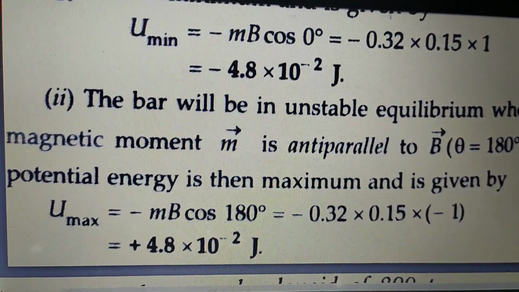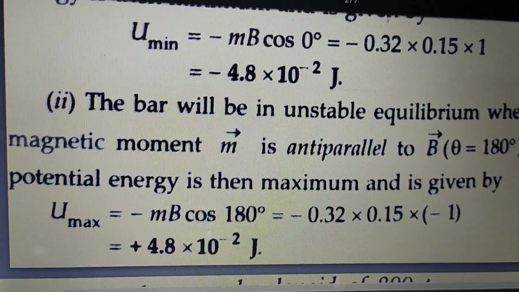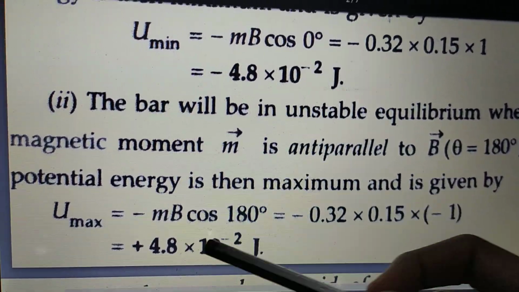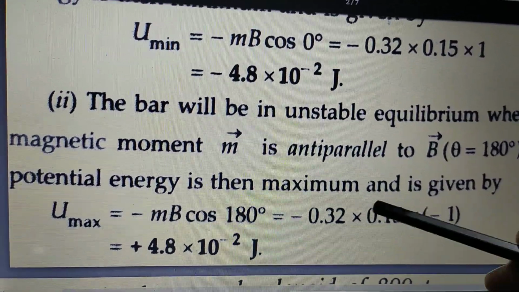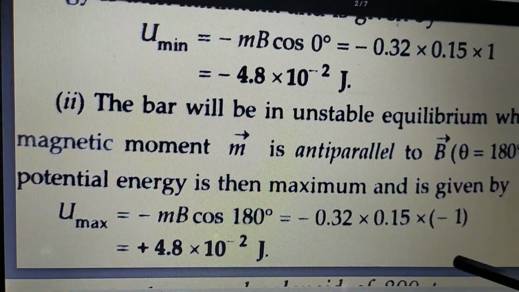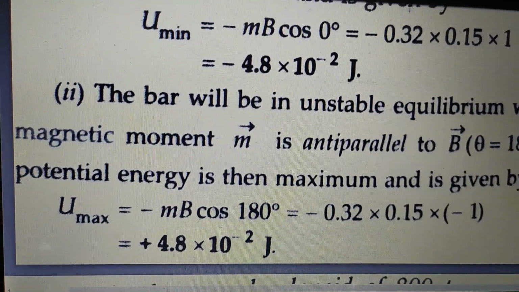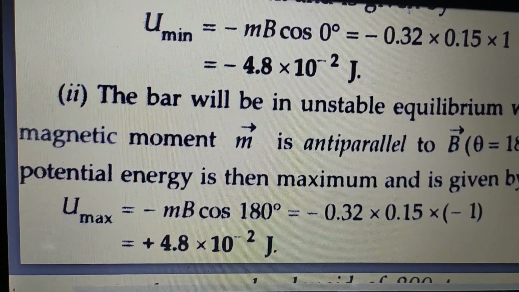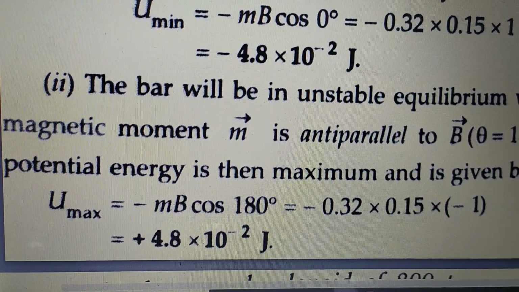We already have the values of m, B and cos theta, so we substitute them in this equation. What is the value of cos 180 degrees? It is minus 1. After solving this equation, we get the final result as 4.8 into 10 to the power minus 2 joules.